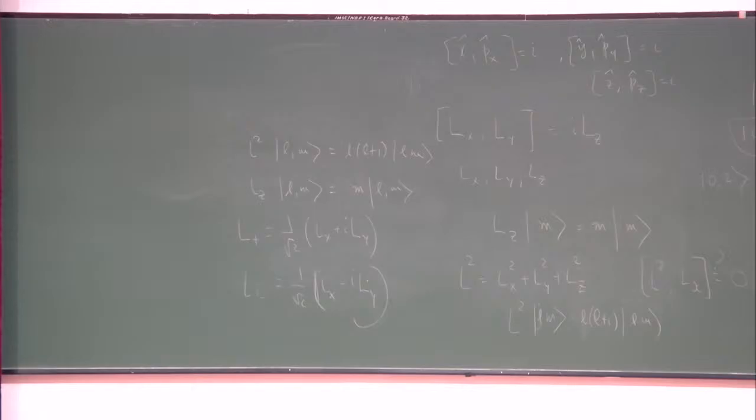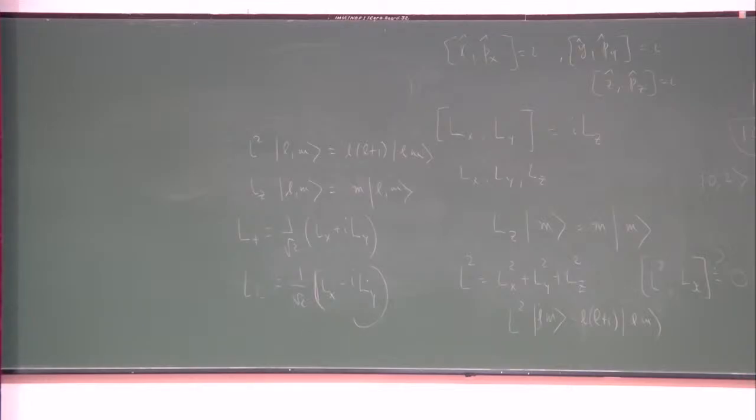The result is, if you start with m, L plus acting on m will go to a new state that is also an eigenstate of Lz, just like what you had here. You started with n, A dagger acting on that goes to n plus 1, but that n plus 1 is also an eigenstate of A dagger A, the Hamiltonian.